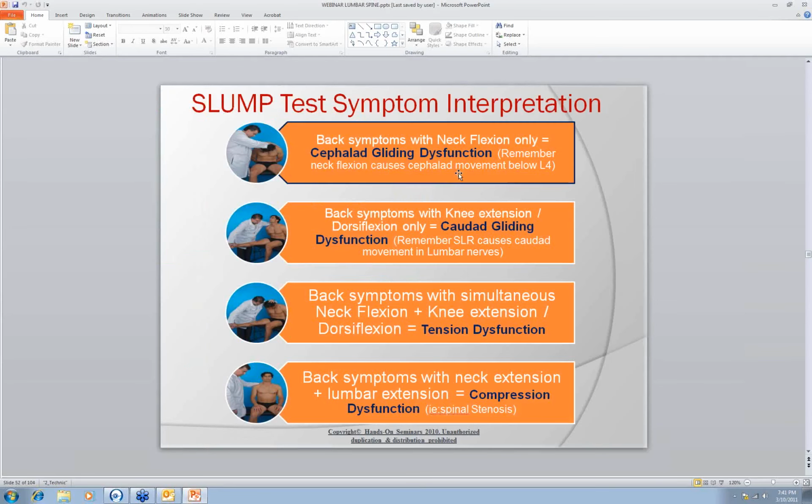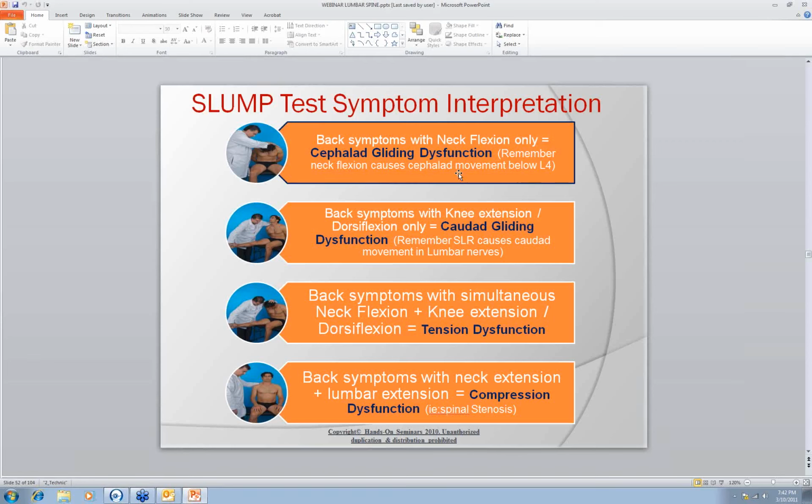And how am I going to interpret my slump test symptoms? If I have back symptoms only with neck flexion, without anything else, then I call that a cephalad gliding dysfunction. Because remember, the neck flexion causes a cephalad movement below L4.